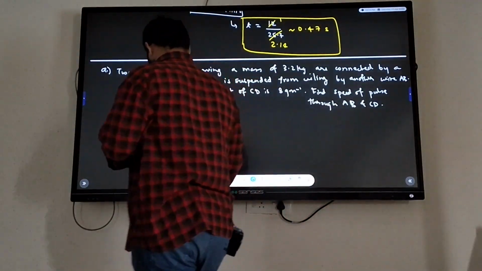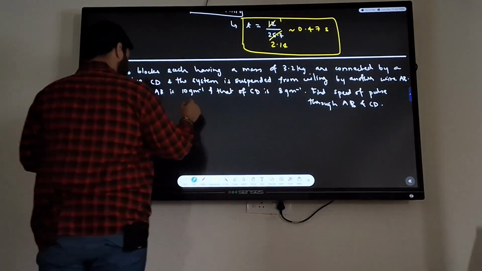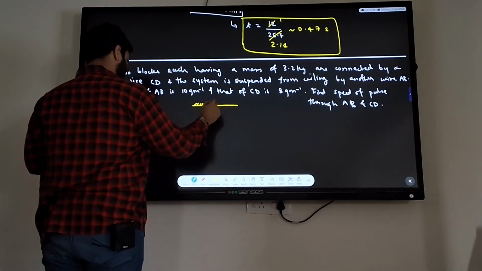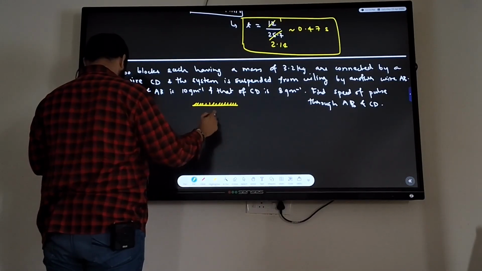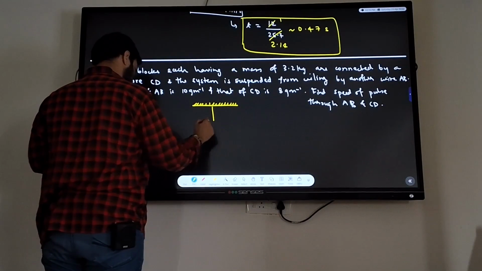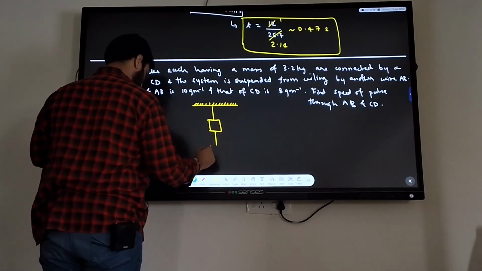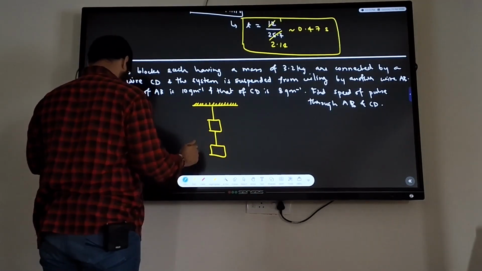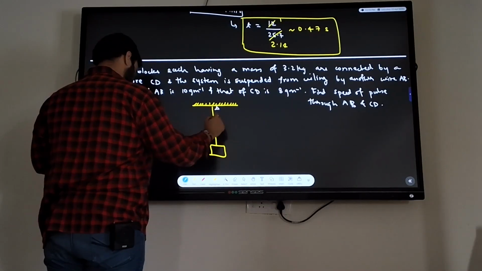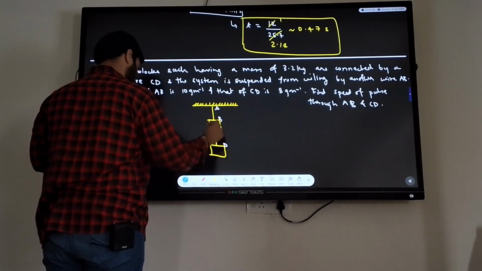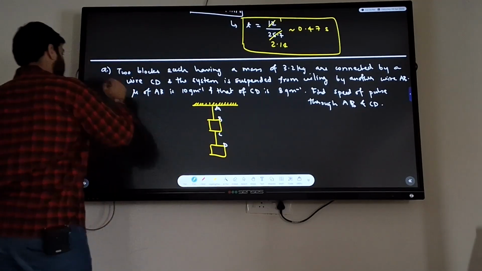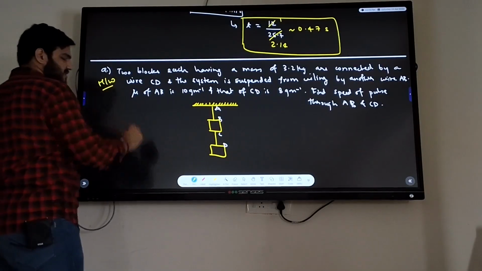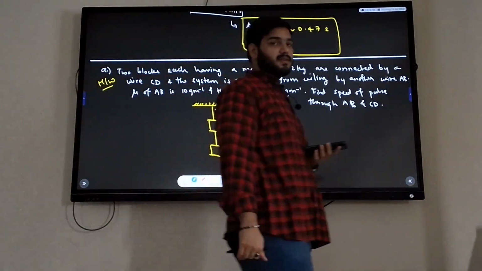The diagram is something like this. Suspended from series. These things are given. Take it as a whole. As you can see, it will again be very simple.